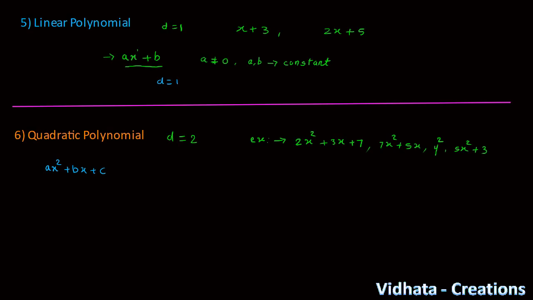What we have studied in case of the linear polynomial, a linear polynomial can have at most 2 terms. Like that, a quadratic polynomial can have at most 3 terms. Thus, a quadratic polynomial is a polynomial having degree 2.